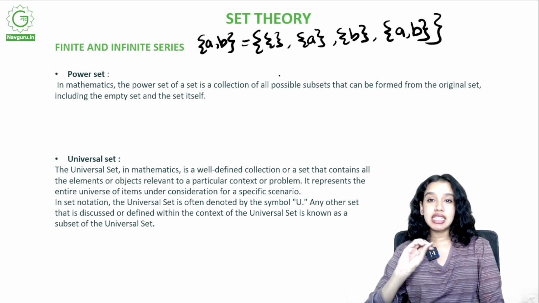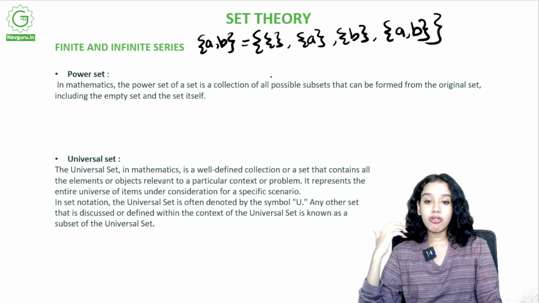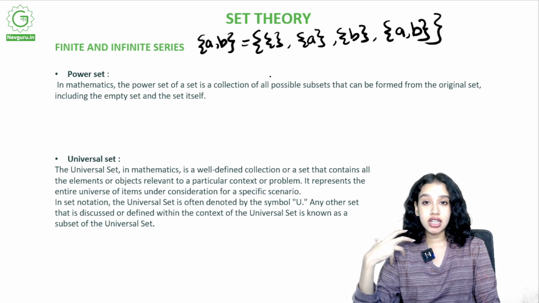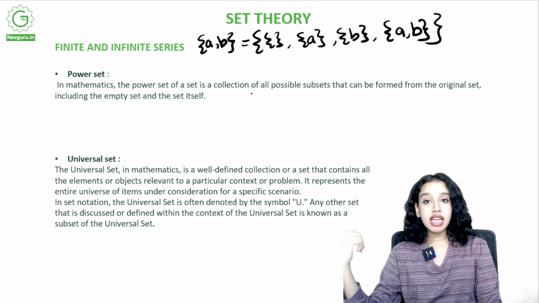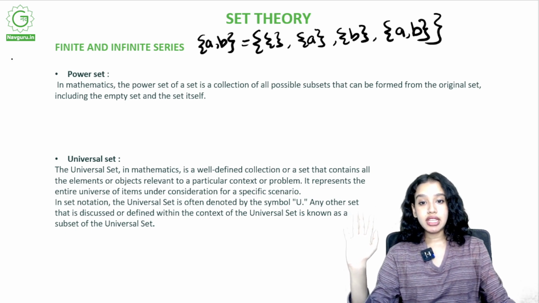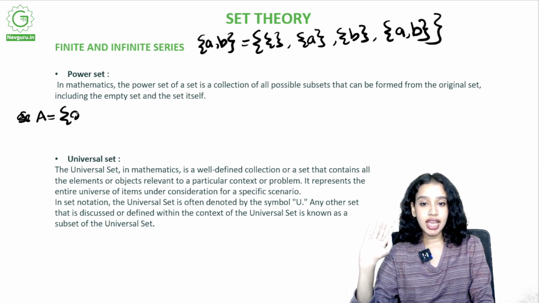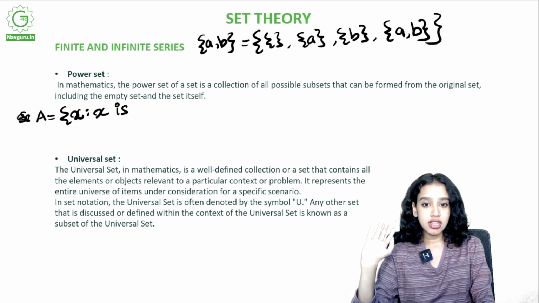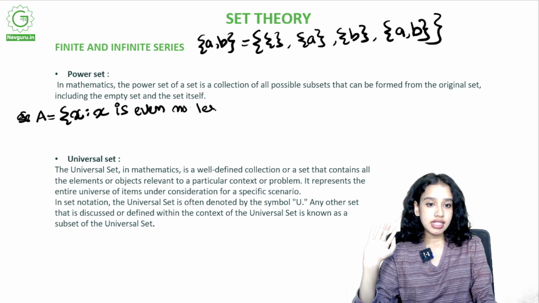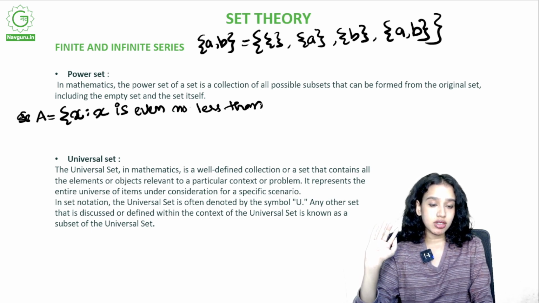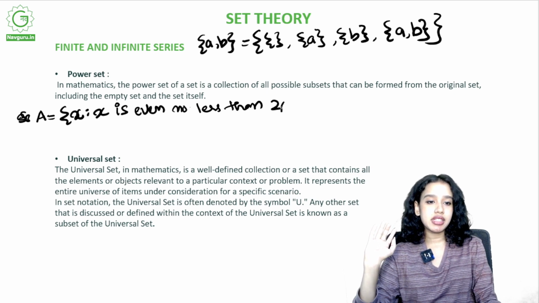Now, there is a very easy way to calculate the number of subsets a set would have. How do we calculate it? Let's see. Let's say that we have a set A equal to X such that X is an even number less than 20.